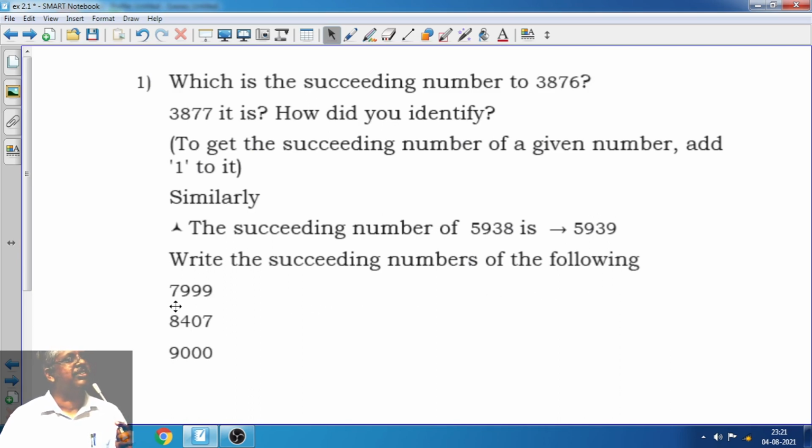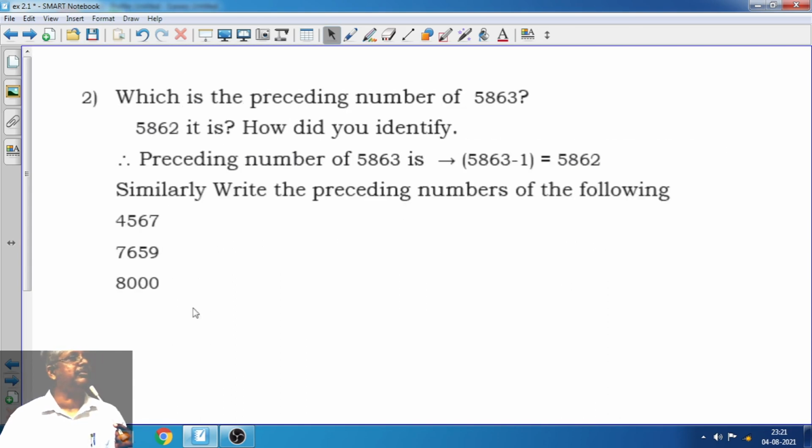Find for all this: 7999 is going to be 8000, and 8407 is going to be 8408, and 9000 is going to be 9001.